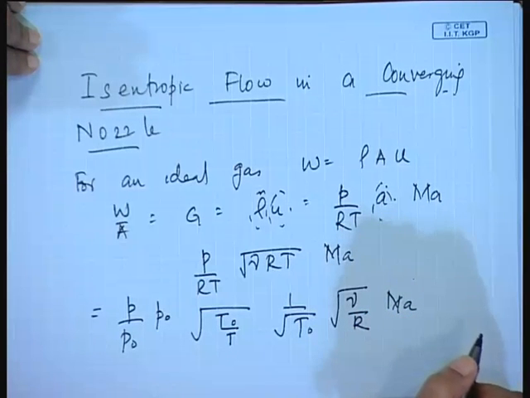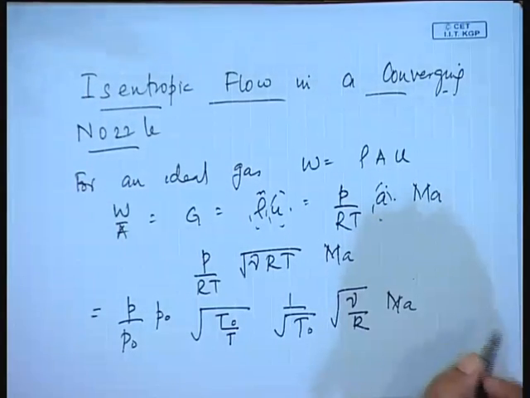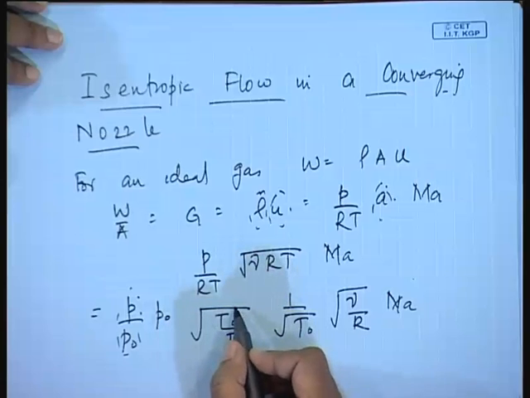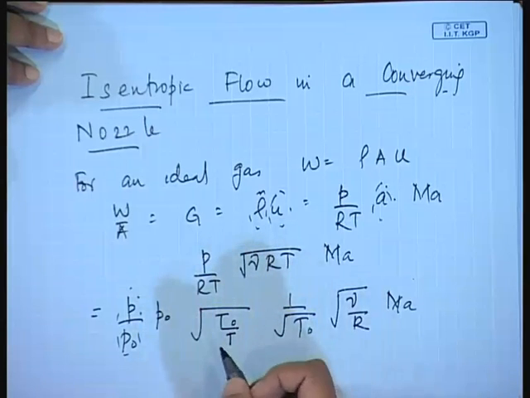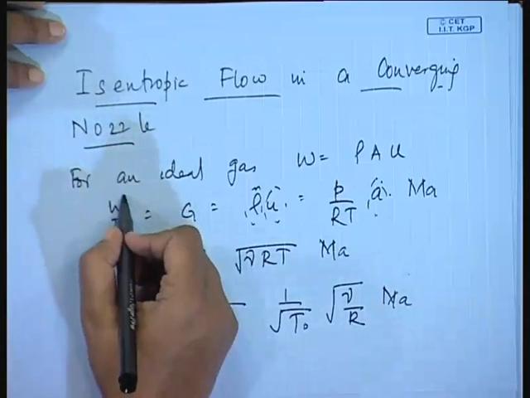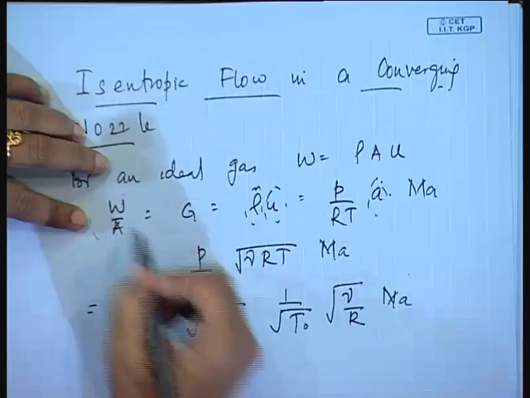Can this be done? I have just introduced the stagnation properties. Why? Because I know P by P0 in terms of T0 by T, and I can easily substitute them.